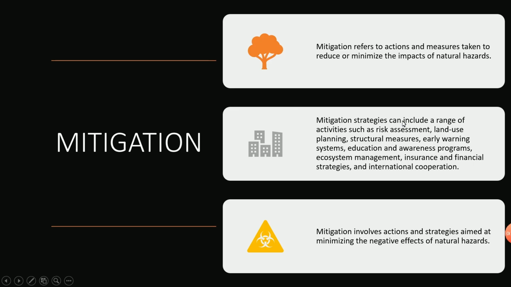Mitigation strategies can include a range of activities such as risk assessment, land use planning, structural measures, early warning systems, education and awareness programs, ecosystem management, insurance and financial strategies, and international cooperation. So lastly, mitigation involves actions and strategies aimed at minimizing the negative effects of natural hazards.